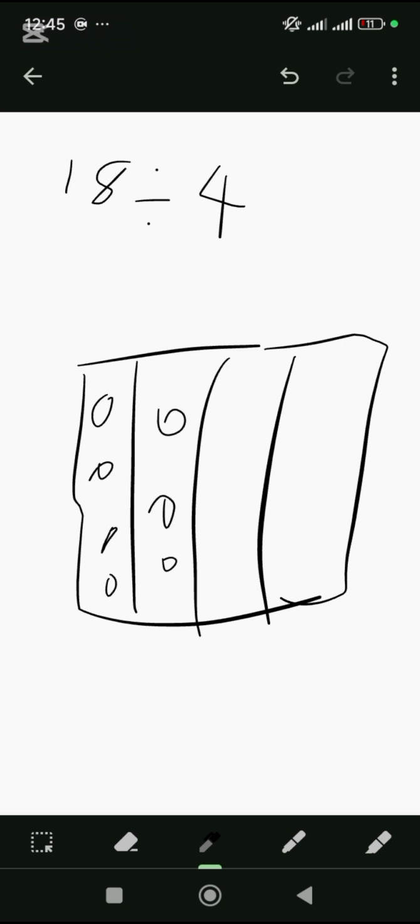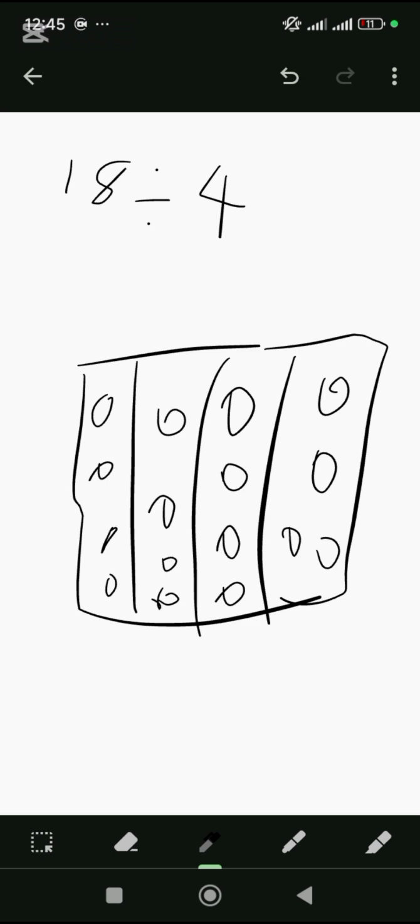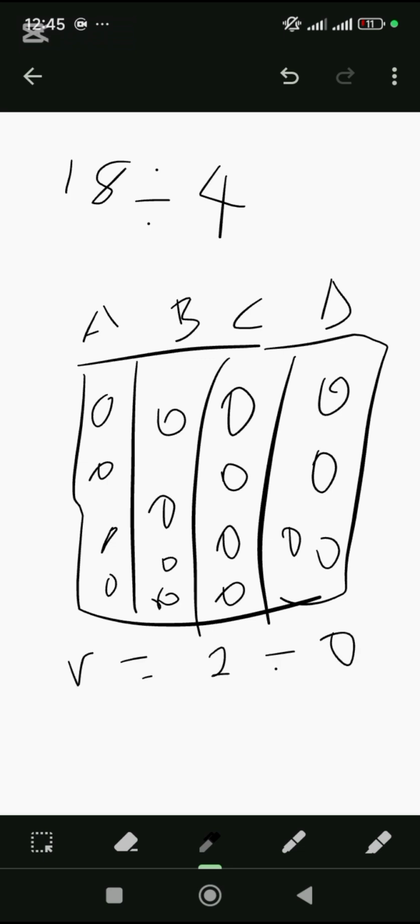Okay, and this is group A, this is B, this is C, this is D. Remember that the remainder is 2.